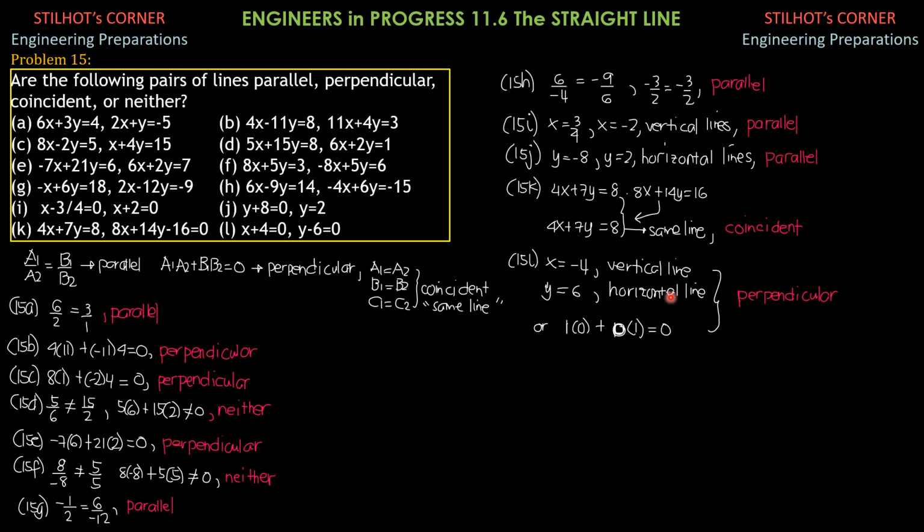Another way: 1 times the coefficient of the other line, 0, plus 0 times the coefficient of the other one is 0, so that's why they are perpendicular. So that's it for this video.